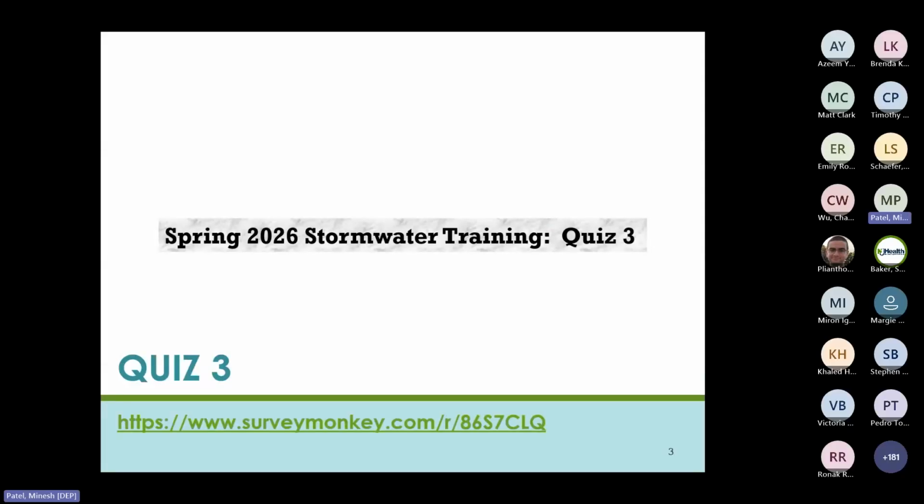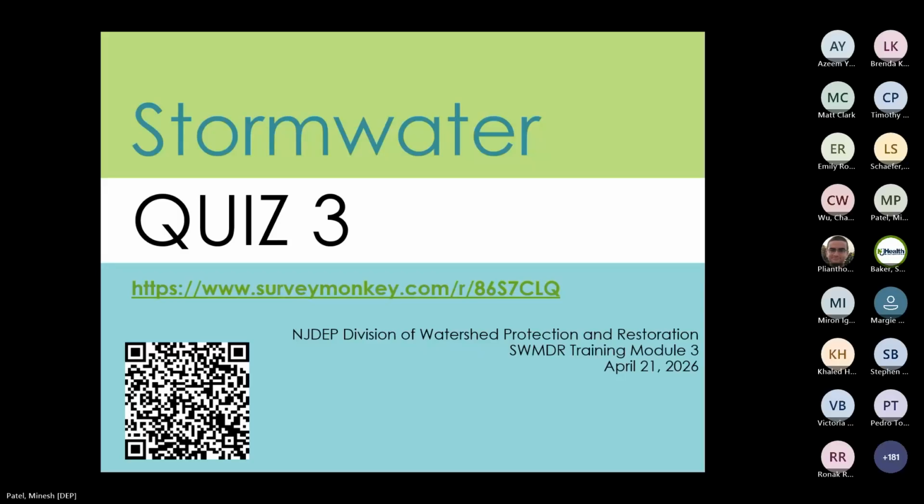Once you click on the link for quiz 3, you will be directed to the quiz, which should now be open on SurveyMonkey. Do remember to click submit at the end of the quiz to get credit for completing it. You must answer every question before you can advance to the next screen and finally submit. And you may only take the quiz once. Now here's everything all in one place.